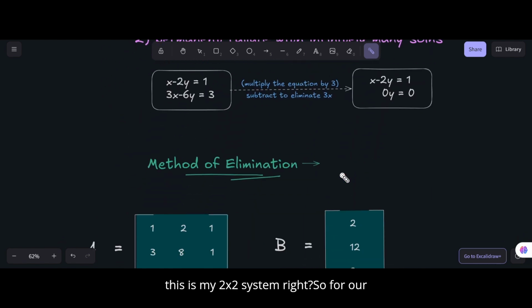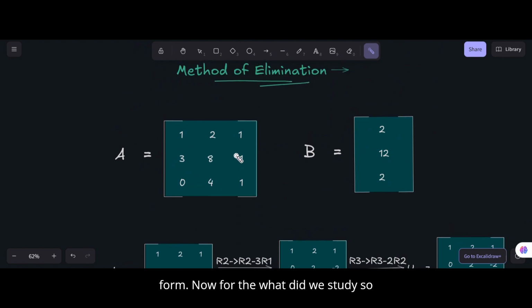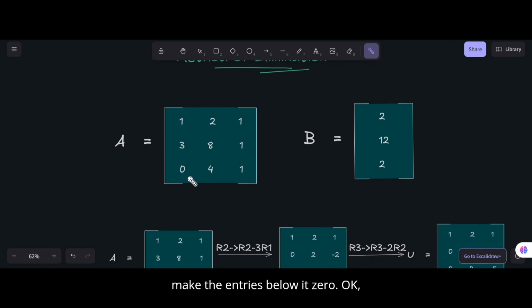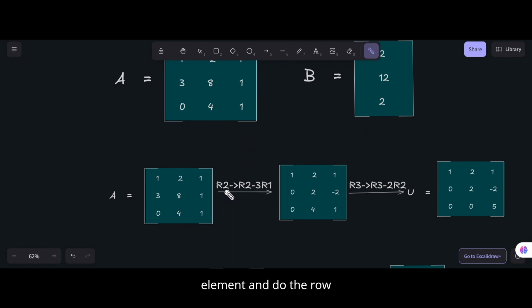Now this is my 2 by 2 system, right? So for a 3 by 3 system I have taken the matrix form. What we studied so far is that I take my pivot and make the entries below it 0. So for the 3 by 3 system, first of all I take my first element and do the row operation to eliminate the entry below it.